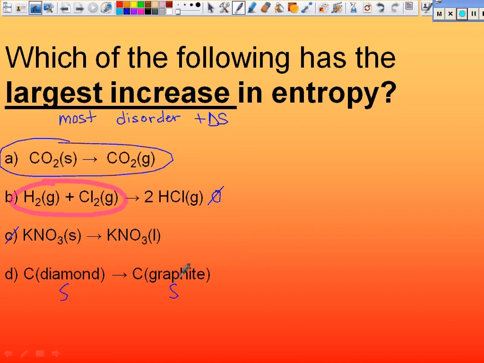Diamond's more molecularly complex because it's a network covalent versus just a covalent bond. It is becoming more disordered, but not as much as solid to gas, because the question is which one has the largest increase? So it is becoming more disordered, but just not as much. Just like C is becoming more disordered, just not as much.